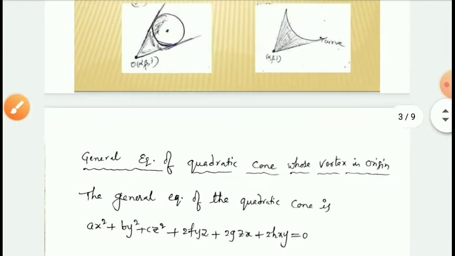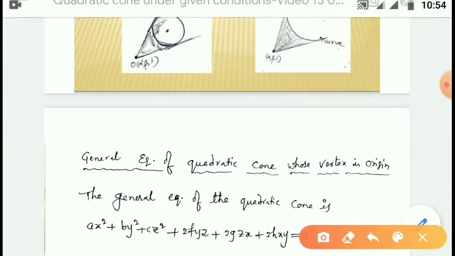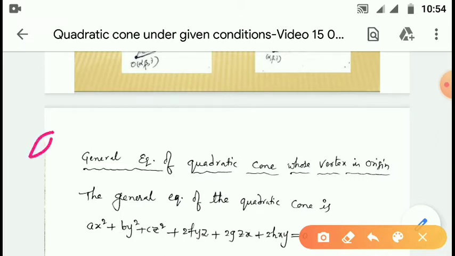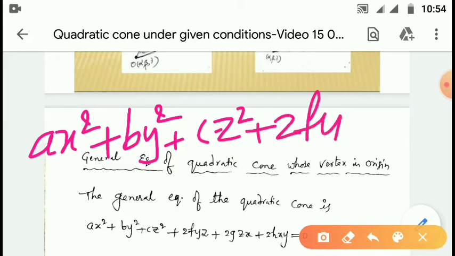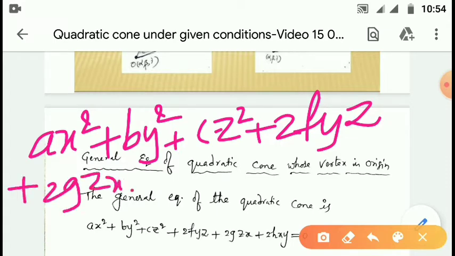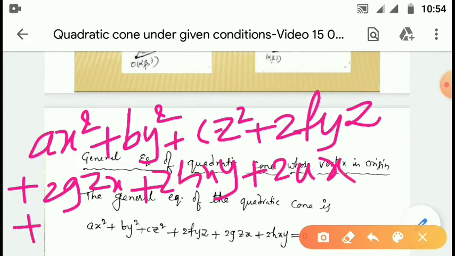So what is a quadratic cone? A second degree equation in variables x, y, z is ax square plus by square plus cz square plus 2fyz plus 2gzx plus 2hxy plus 2ux plus 2vy plus 2wz plus d is equal to 0.